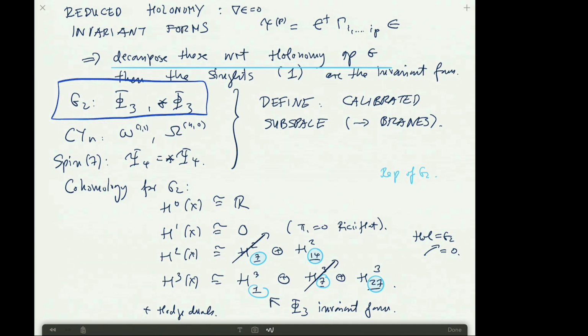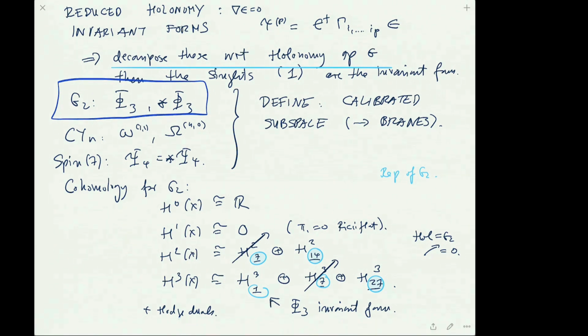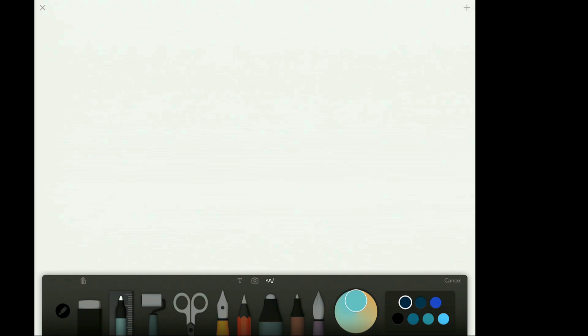So in the case when you now consider looking at compactifications of this in M theory, the characteristics for this are B2 of X and B3 of X, which are this H2 and H3, as well as some phi 3, which is this invariant form.